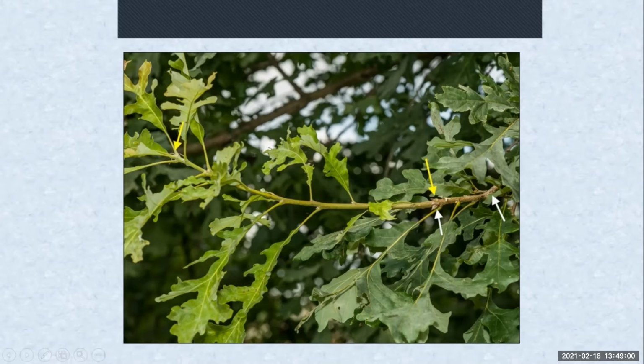Now you also have to look at some trees and see, are they putting on a second flush of growth? So it's not necessarily going to be one year's worth of growth. In this case, here's an oak, which again is kind of hard to see in this picture, but you had the start of growth in the spring, which ended here.